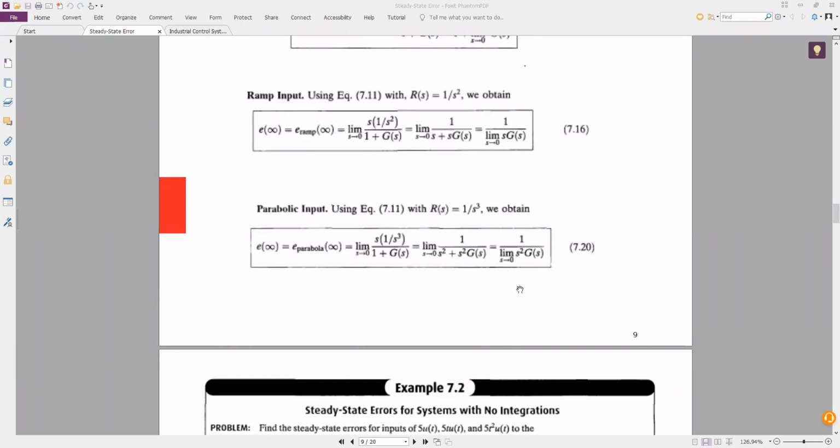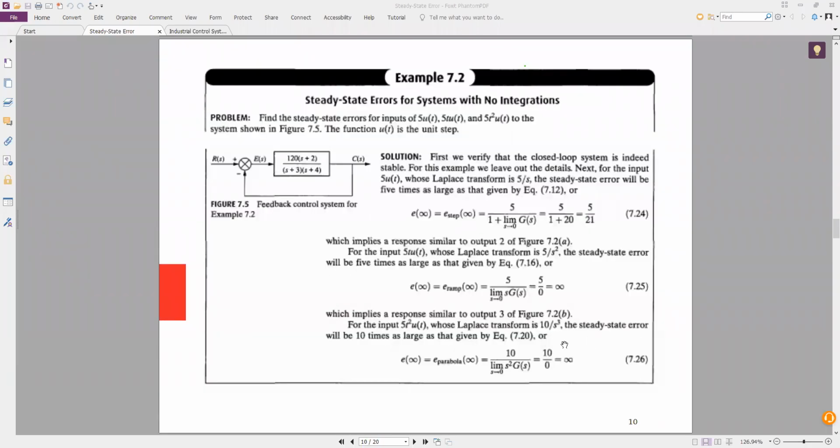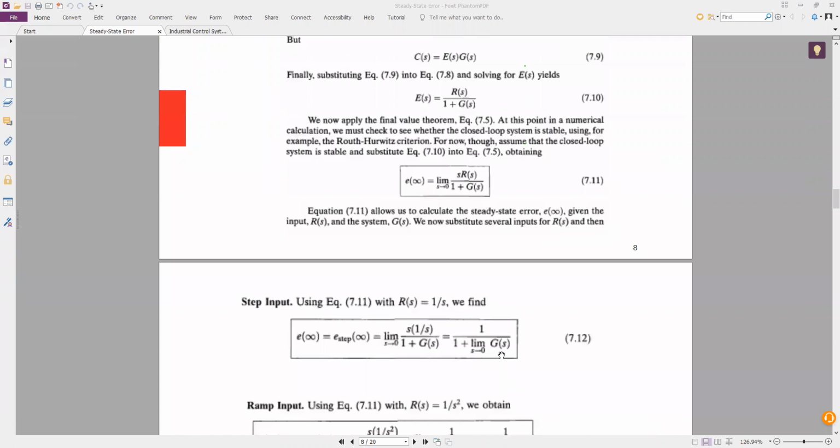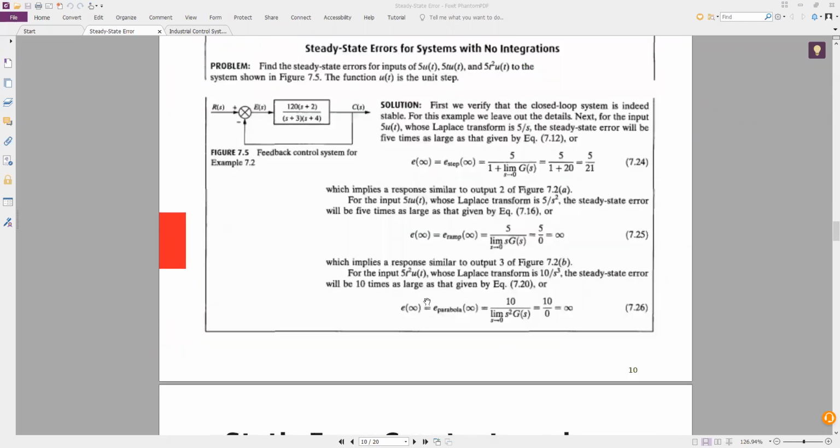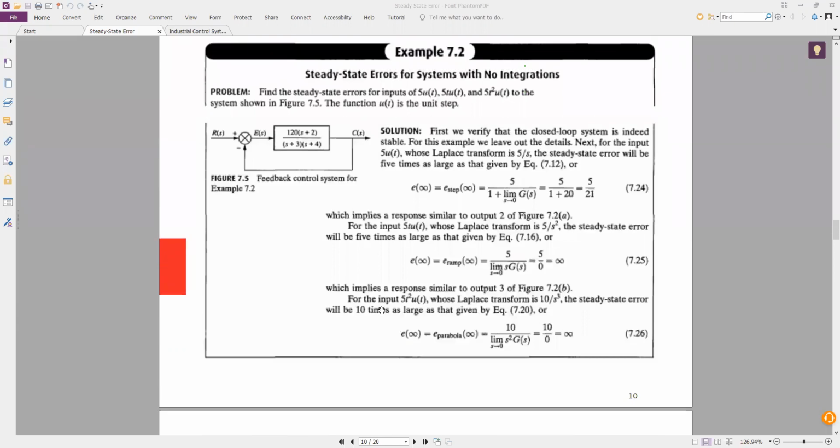5t square, limit s square G(s). Okay, for the input whose Laplace transform is 10 by s cube, this error will be 10 times as large as that given by the equation.